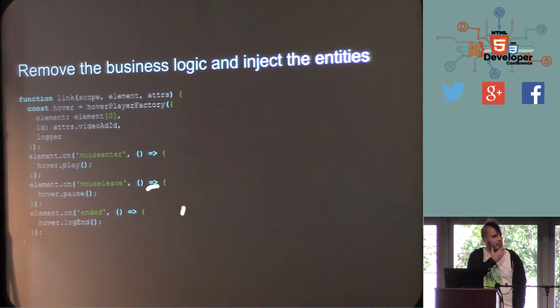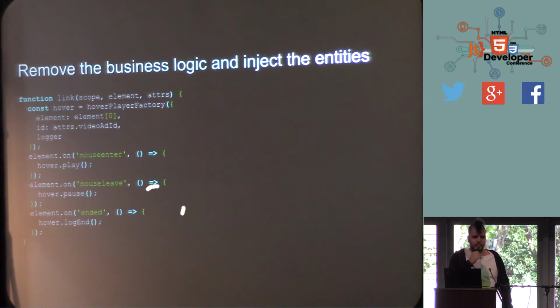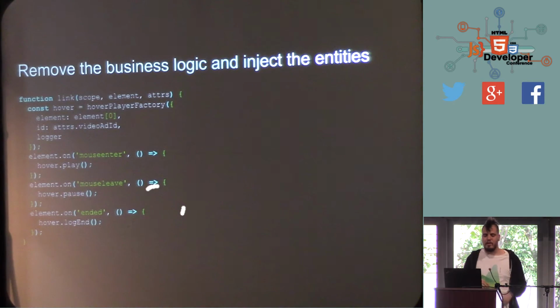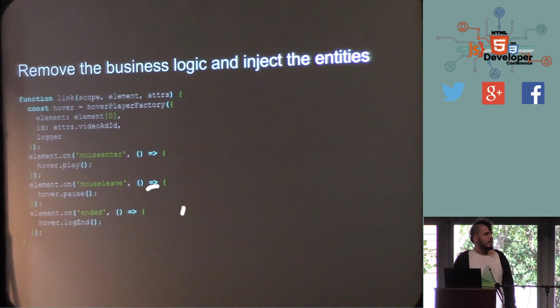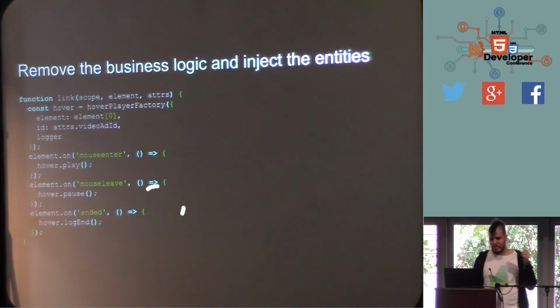So here is an example where I remove the business logic to a factory, and I injected all the needed entities for it. So, for example, I injected the DOM element itself, and also the video ID and the logger entity.